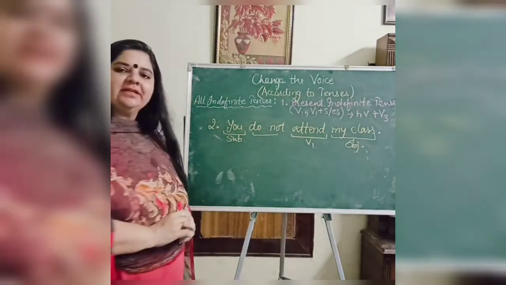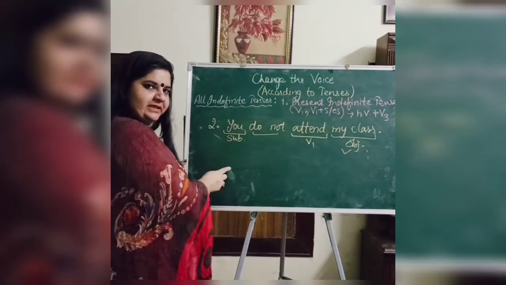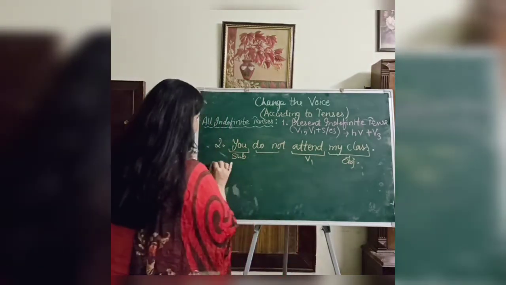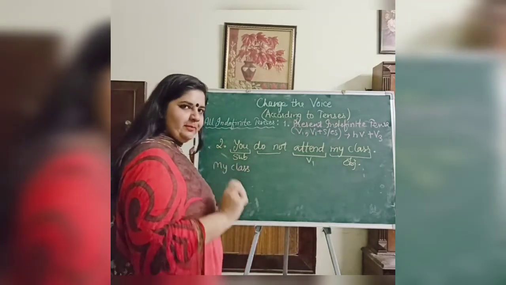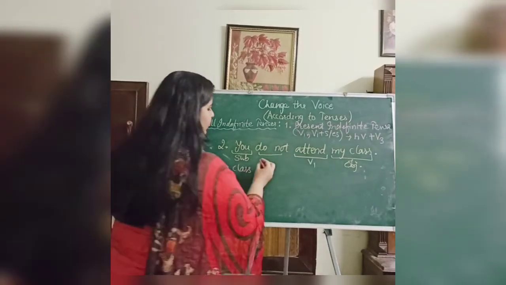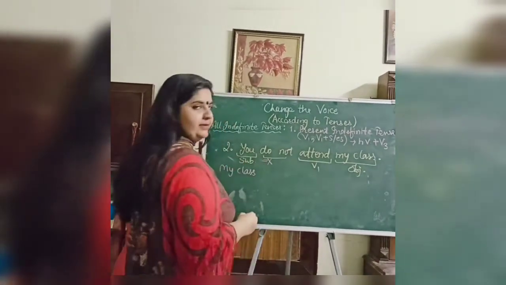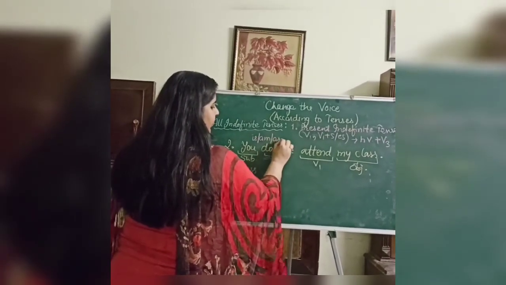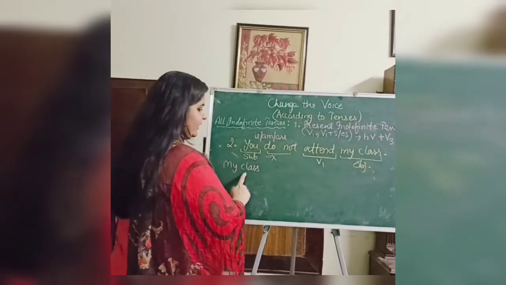Now we'll change this active sentence into passive. And first of all, the object will take the lead position in passive. Now this object, my class. Stop and see one change here. Do and does will not be used in passive. It will be replaced by is, am or are according to our subject. So in this case, the subject is my class.